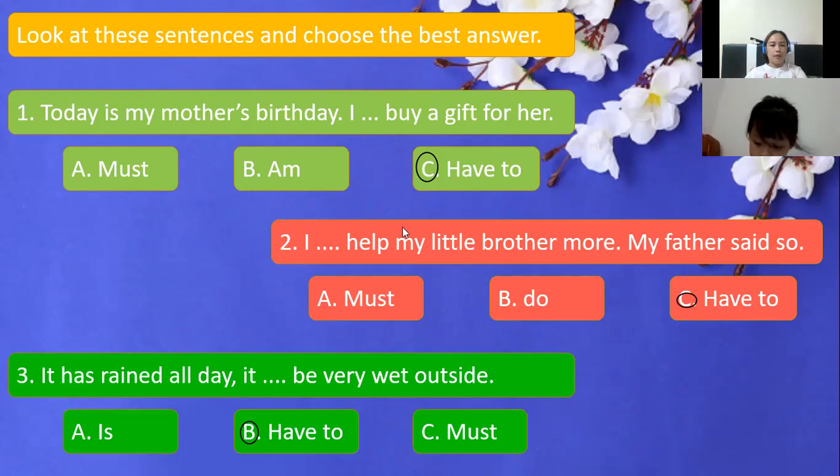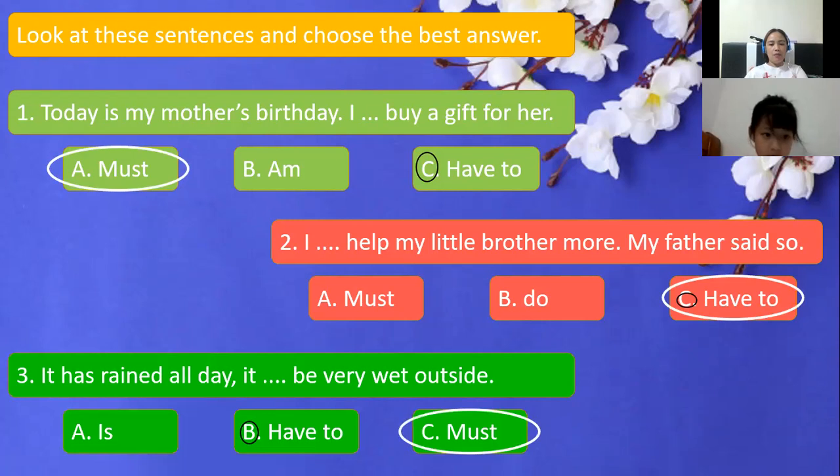Okay, let's try it. Today is my mother's birthday. I must buy a gift for her. I have to help my little brother more. My father said so. It has rained all day. It must be very wet outside. Baby, can you read all the sentences? Today is my mother's birthday. I must buy a gift for her.